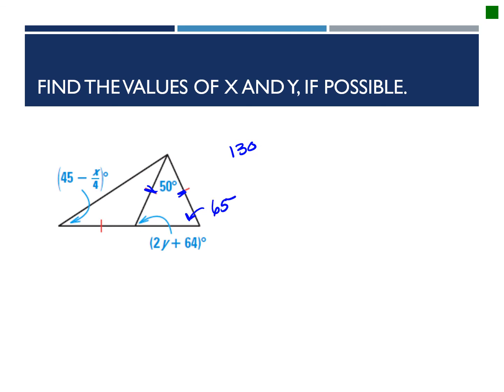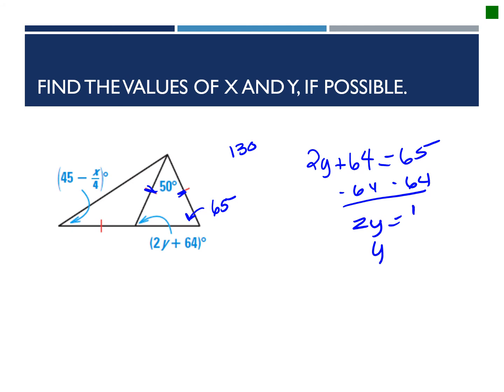So if I go to solve that, 2y plus 64 equals 65. If I subtract 64 from both sides, I get 2y equals 1. If I divide by 2, y equals 1/2.